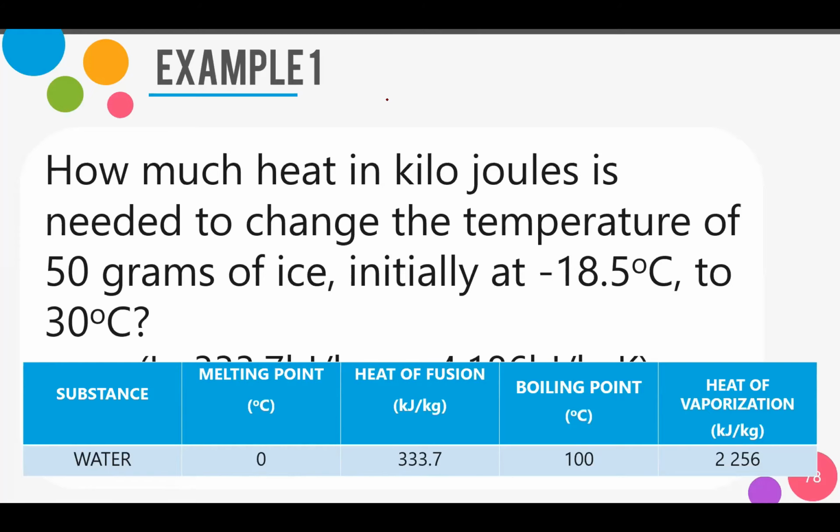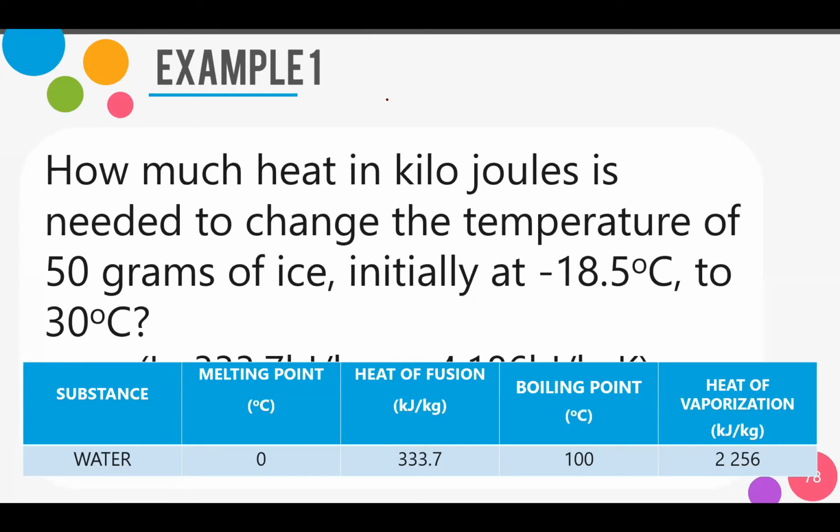So in short, we need to solve three heat absorbs, okay? Three heat absorbs, which is first, from negative 18 to 0 degrees. Then second, the specific latent heat, which is the process of undergoing the change of state. Then third is the heat absorbed from its melting point up to its final temperature.